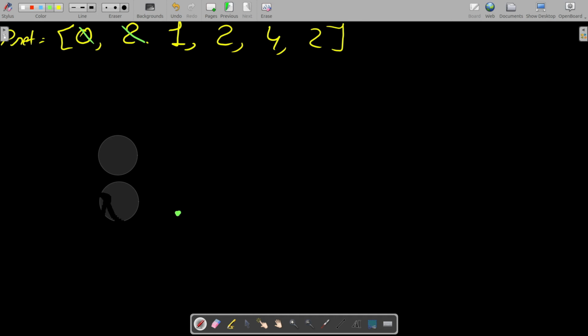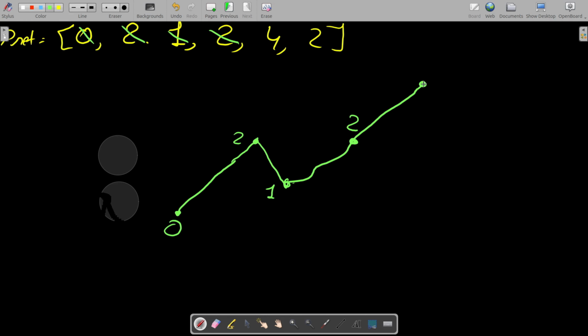Let's suppose we are at 0, then our answer increases to 2, then a dip comes, then we are at 1, then again our answer was increasing. Do you see? We again catch up to 2, then our answer increased to 4, then again a dip came. So at least 3 times we are at the second position. Did you see?